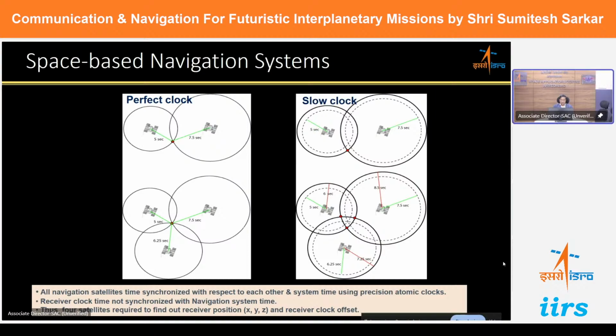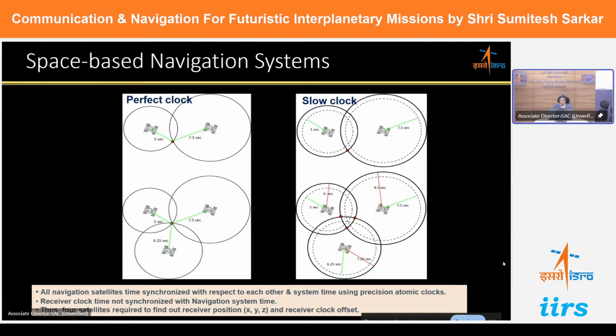Now, when you say finding out your own position, that means you have to use some sort of clock. You know the velocity of light, the RF wave, that is 3 into 10 to the power 8 meters per second. If we can calculate precisely the time for the signal to come from the satellite to your place, and you know the time and the velocity, then you can find out your distance from each of the 3 satellites.